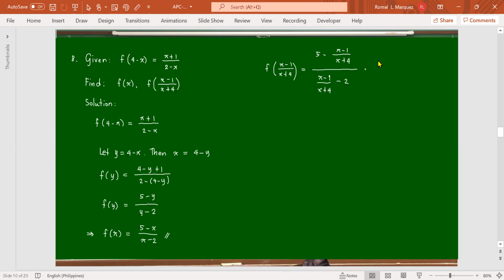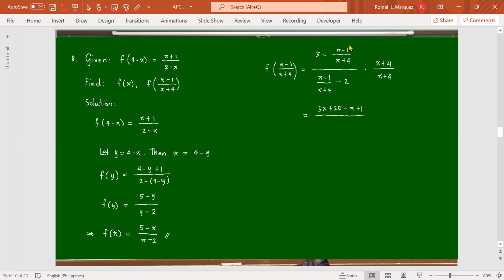Simplify. To simplify, we multiply both the numerator and denominator by x plus 4. Of course, with the assumption that x is not equal to negative 4. What's the answer? For the first term, we have 5x. Then 5 times 4 is 20. Then minus x minus plus 1. Correct, guys?